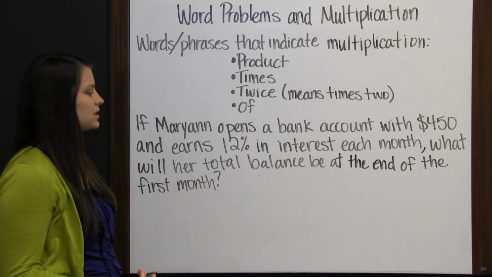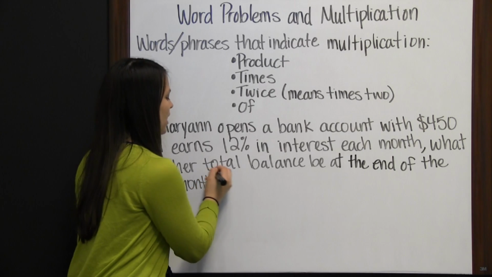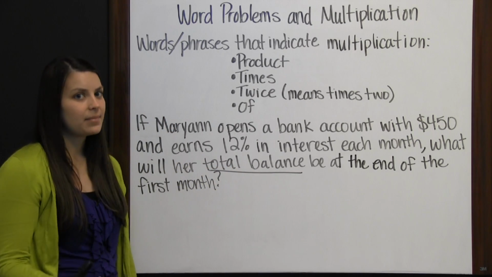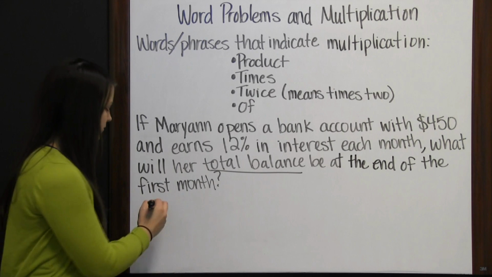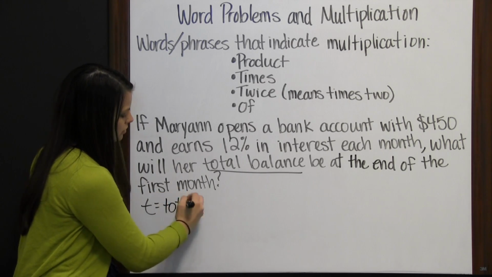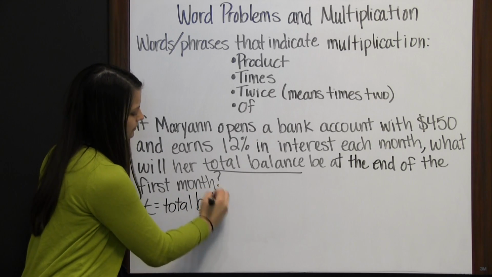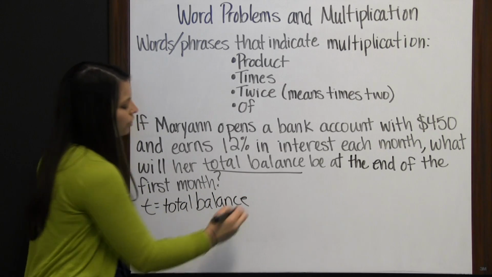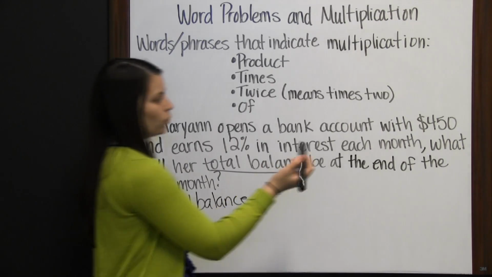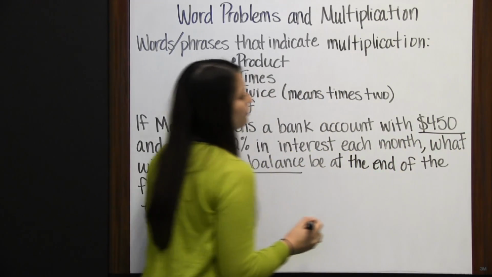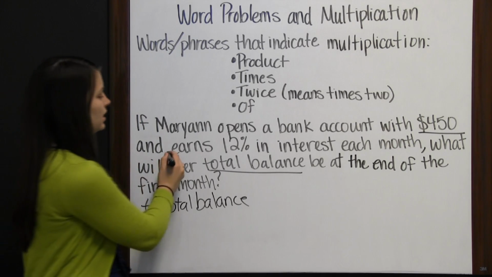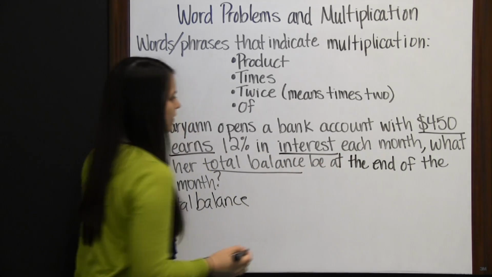So what they're asking us to find is our total balance. Since I don't know the total balance, then I'm going to have to use a variable for that. So let's say T then is going to be our total balance. And in order to find my total balance, I'm going to have to take what she's starting out with, her $450, and the amount that she earns in interest in that month.